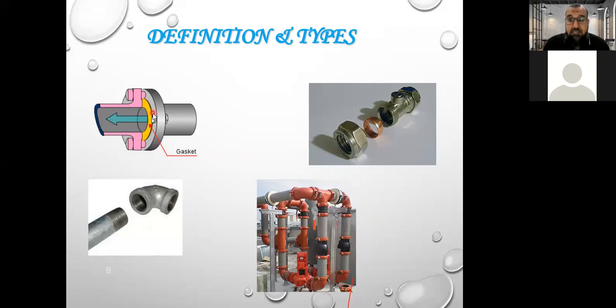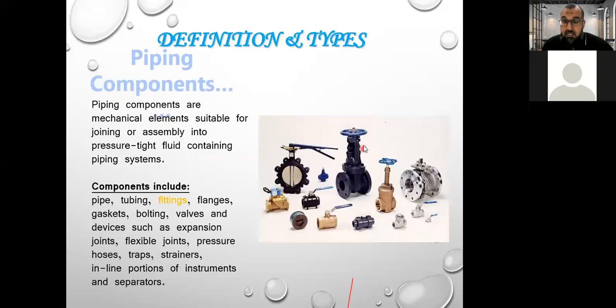The gasket, what is the role of the gasket? A gasket is actually to seal the connection between components. If you want to connect flange to flange, what is meant by flange? All right, I will go to a different slide. Look at this picture, this is a valve.